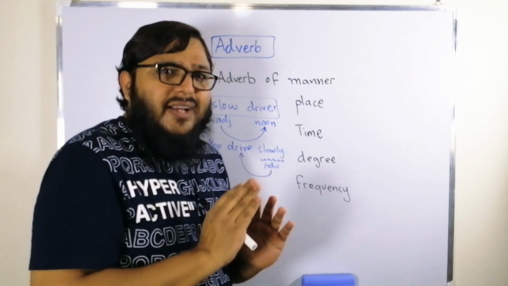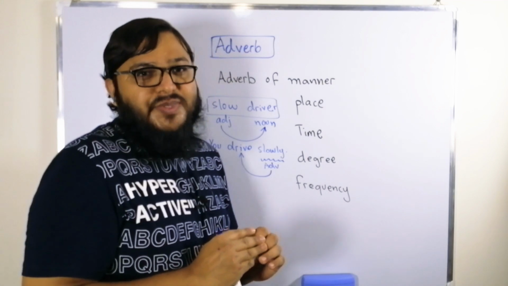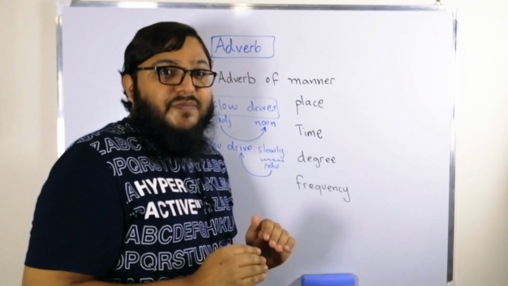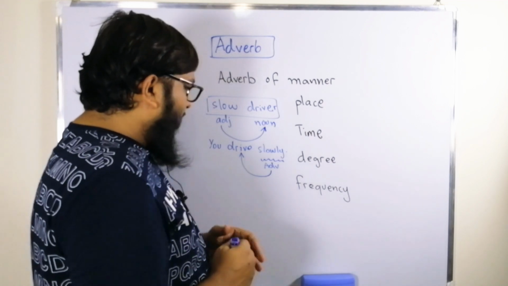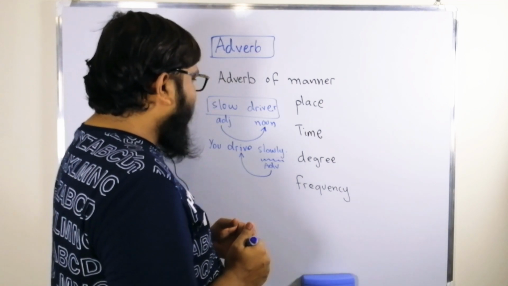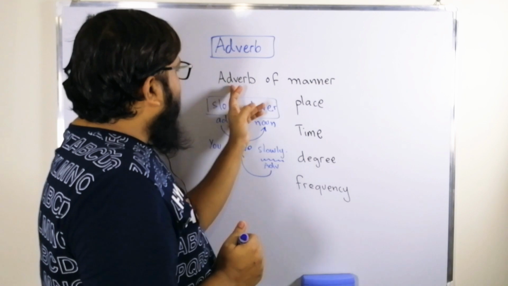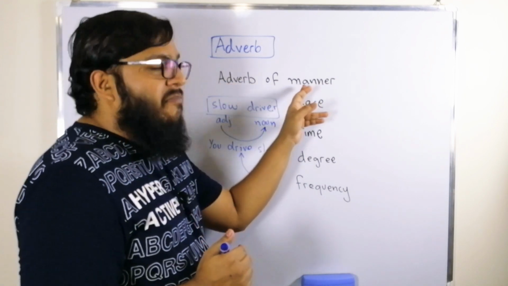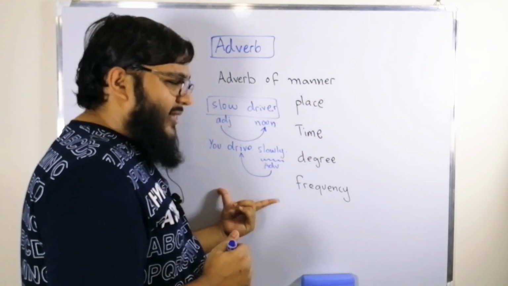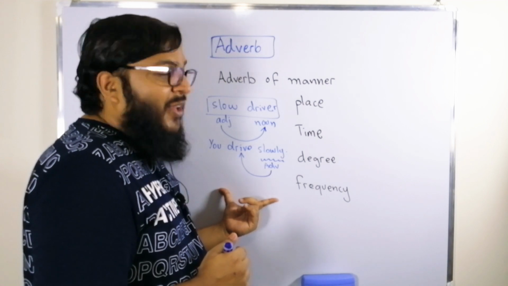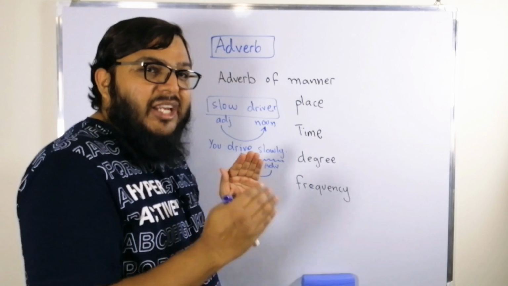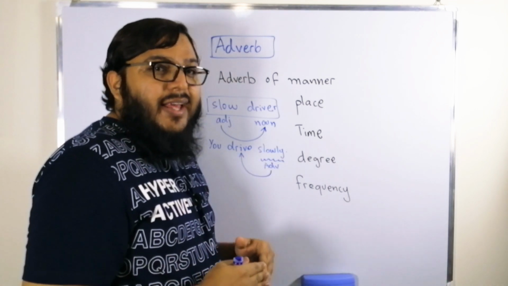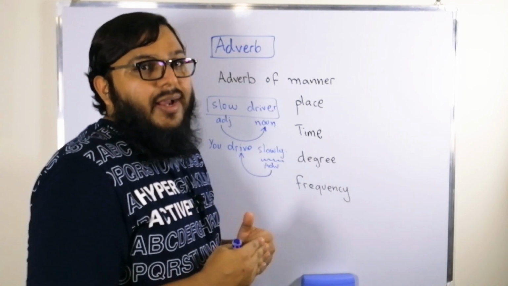There are hundreds and thousands of examples of adverbs that are made up from adjectives by adding the ly suffix at the end. The point is, all the adverbs of manner are like these. They're always made up from adjectives, and you just add ly at the end.